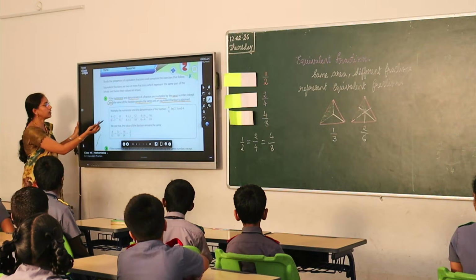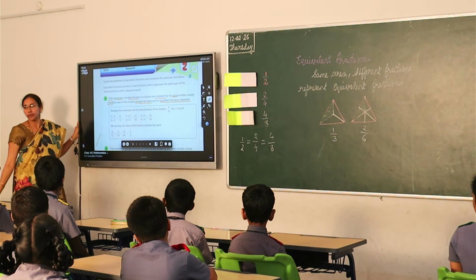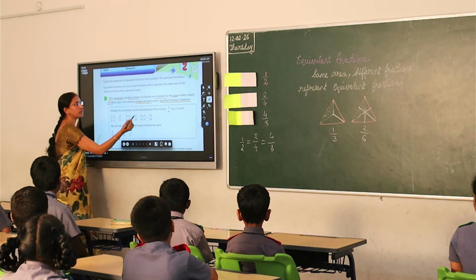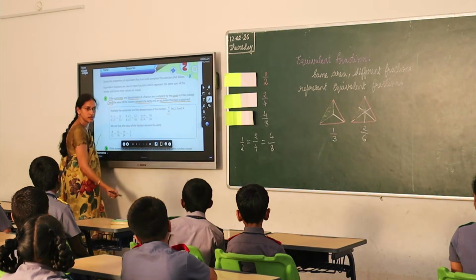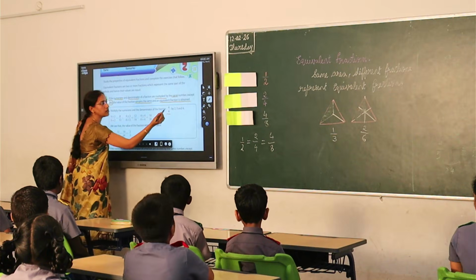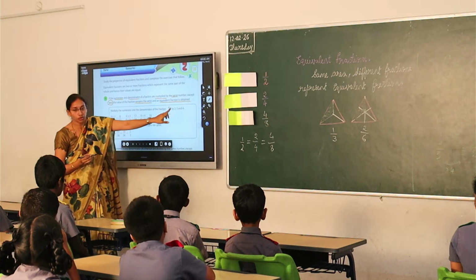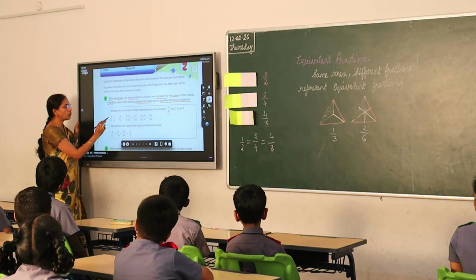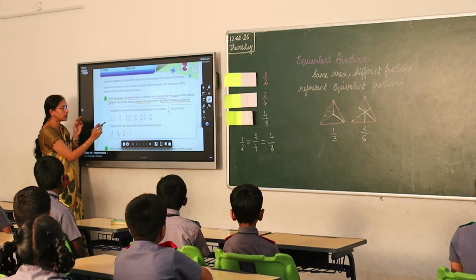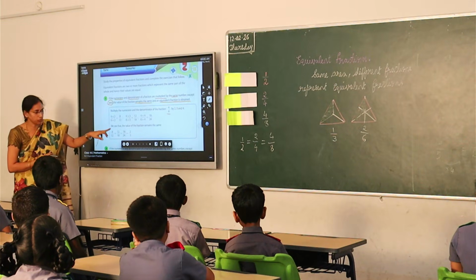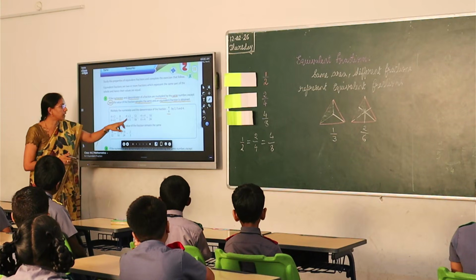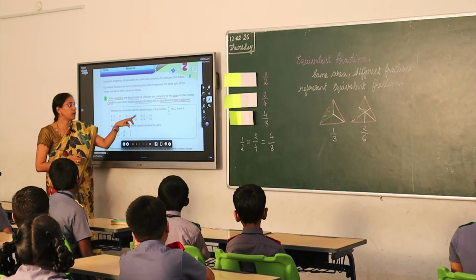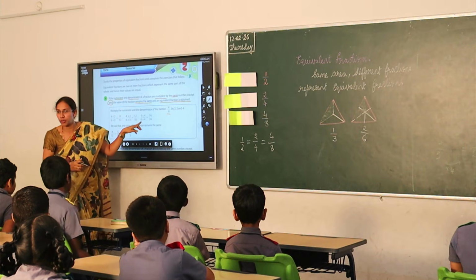Okay, children. Here he beautifully explained with examples. He took the fraction 4 by 6 and multiplied it with the numbers 2, 3 and 4. 4 by 6 multiplied with 2 by 2. 4 by 6 multiplied with 3 by 3. 4 by 6 multiplied by 4 by 4.